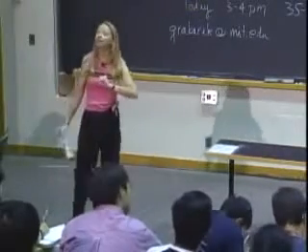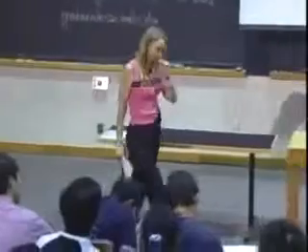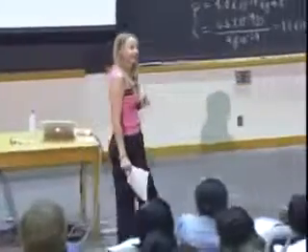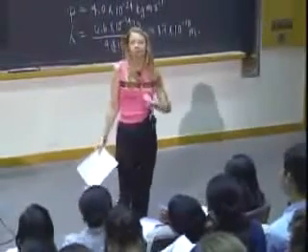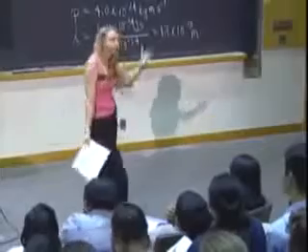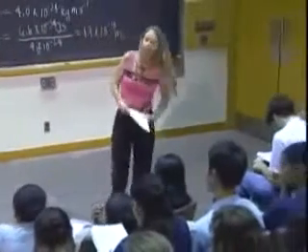But if matter is wave-like, if electrons can be represented by a wavelength, then what about your wavelength and my wavelength? We should have a wavelength. Okay, and we do.